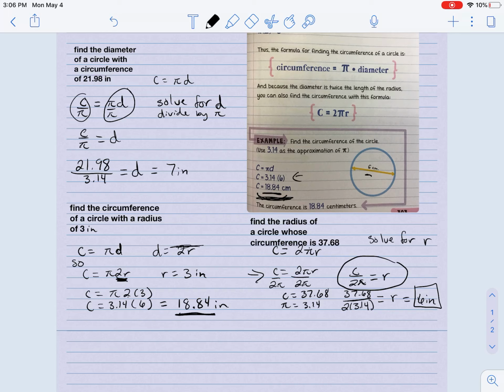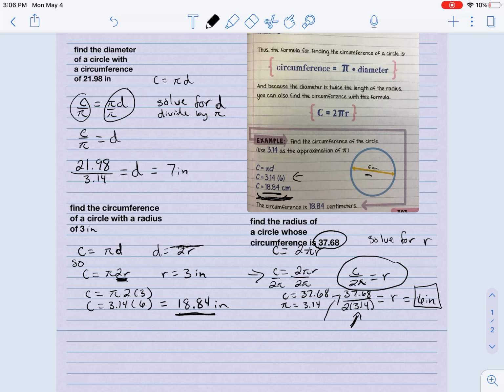We know c is 37.68, so that goes right up here. Then we divide that by 2 times pi. We know pi is 3.14, so we put that here. When you take 37.68 divided by 2 times 3.14, your outcome will be 6.